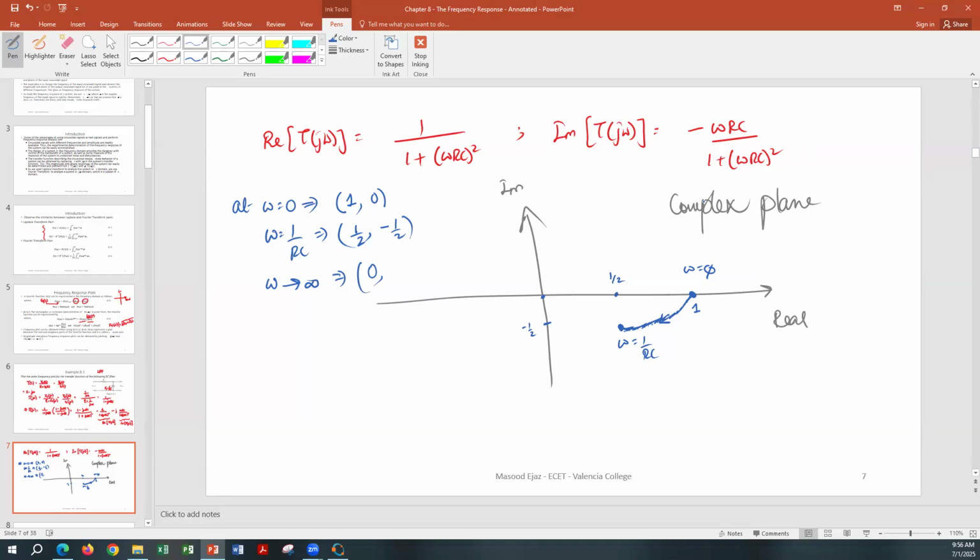L'Hopital's rule. You take the derivative of the numerator, the derivative of the denominator, and then you again substitute the limit.